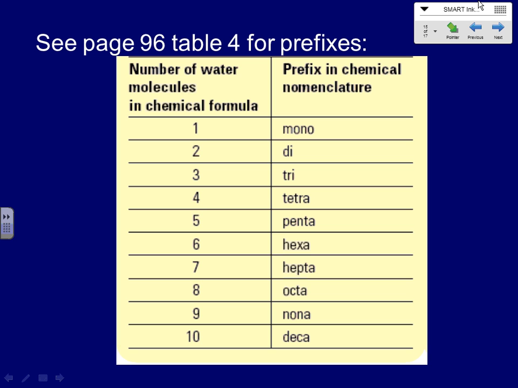We've already seen the di when we saw dihydrogen. So mono is 1, di is 2, 3 is tri, 4 is tetra, 5 is penta. Now we're down here to ones that are pretty recognizable. Penta like a pentagon, 6, hexa, hepta, octa, nona, deca. You've seen those before, right? So we use that in order to name this hydrate.